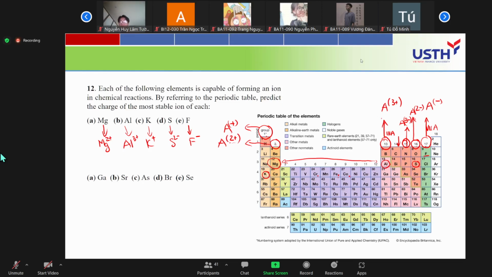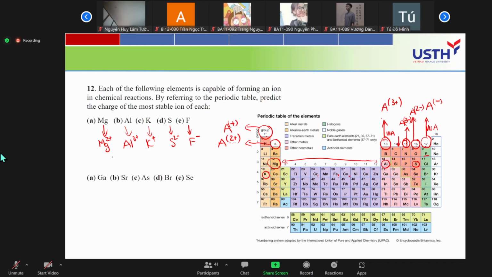So, for example, magnesium in group 2 has the electron configuration 1s2, 2s2, 2p6, and 3s2.